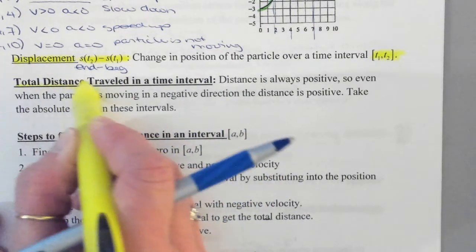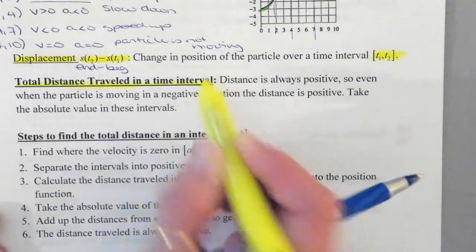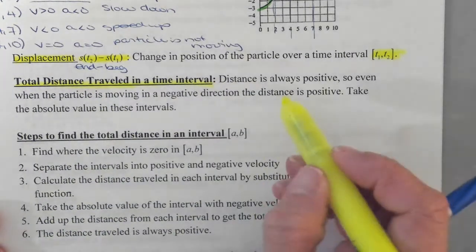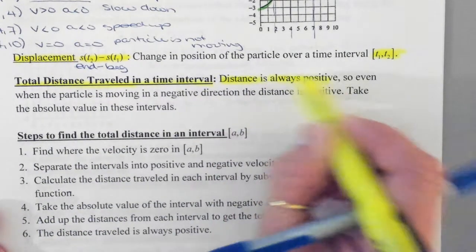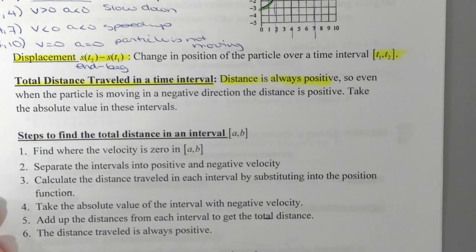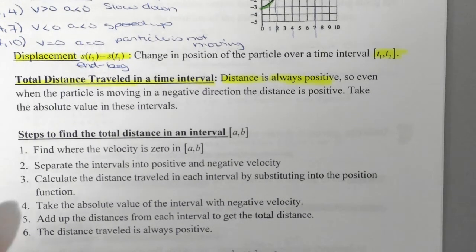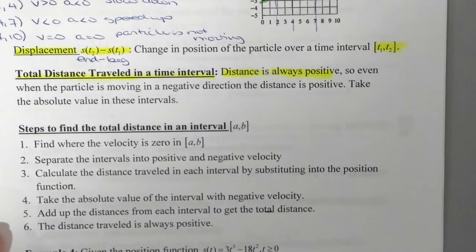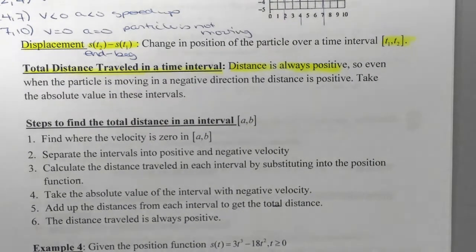Total distance traveled in a given time interval. So distance is always positive. So even when the particle is moving in the negative direction, the distance is going to be positive. And the reason why is you are going to take the absolute value of all the intervals. Even if it's positive, just take the absolute value.